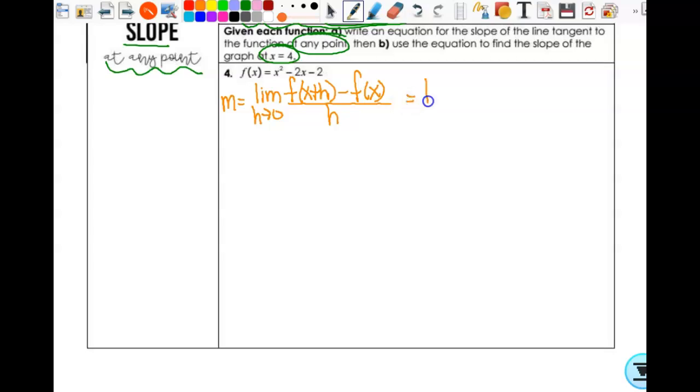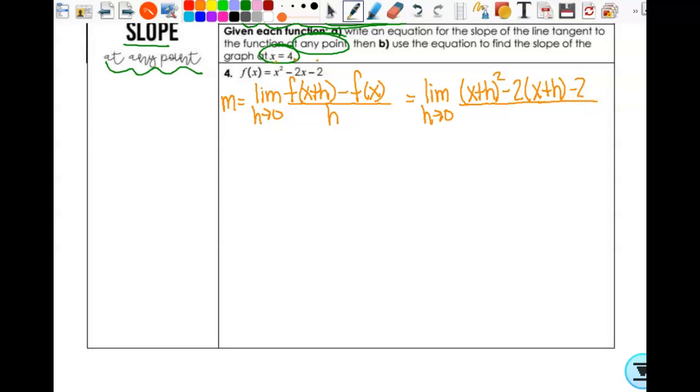We substitute this in. So this is the limit as h approaches 0 of, I take that x plus h and substitute it in everywhere I see an x. So this is x plus h squared minus 2 times x plus h minus 2.